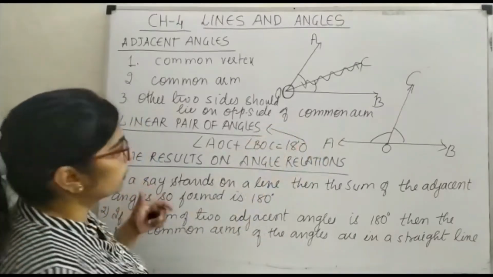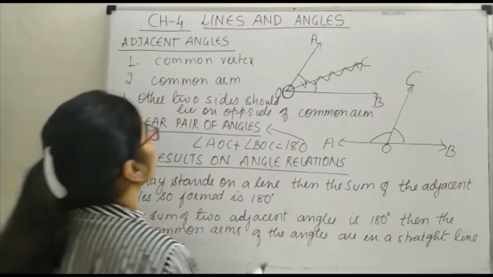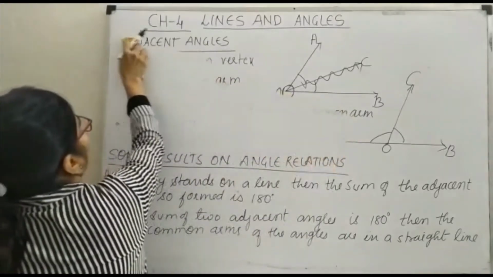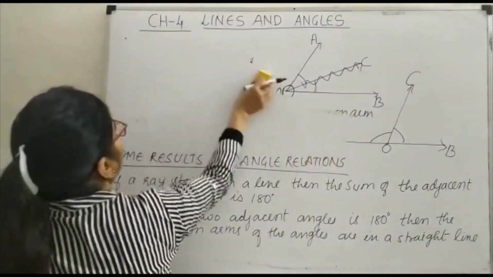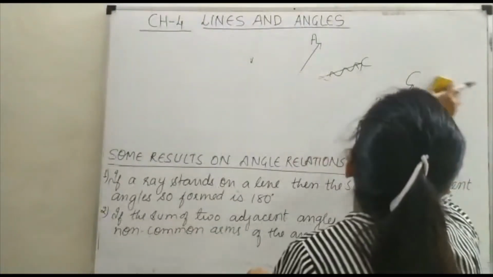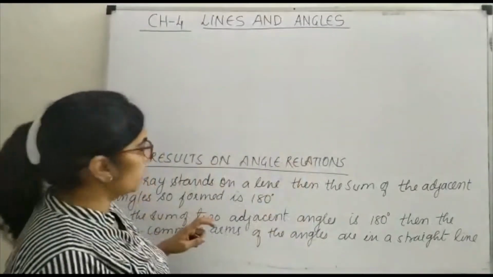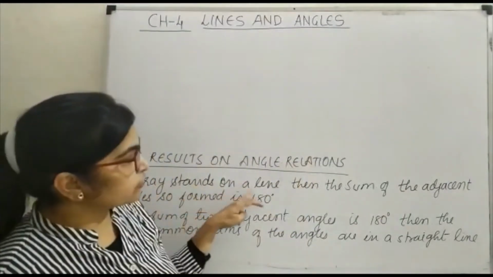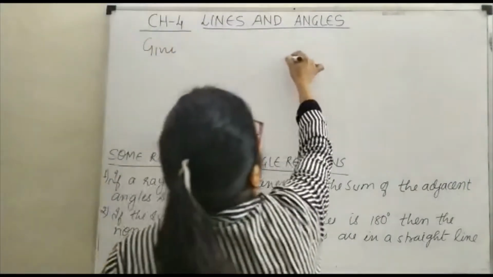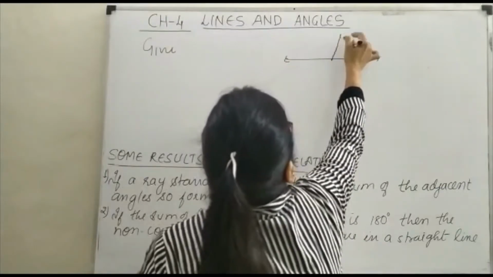Now we are going to discuss the theorem and its converse. Our first theorem is: if a ray stands on a line. So what is given to us? A line and a ray.